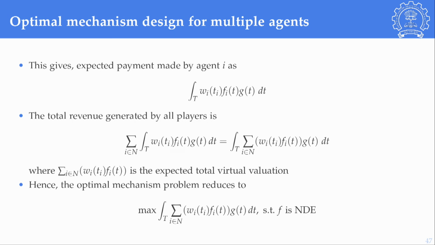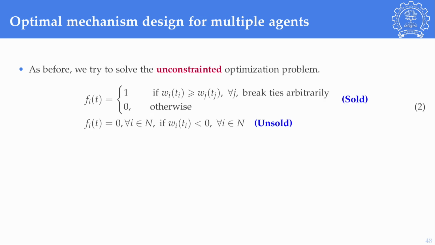So, the maximization problem is still the same, subject to the condition that F is non decreasing in expectation, that is our complete optimal revenue maximizing problem. Now, as we said, the unconstrained optimization problem looks like this: whenever I see a type profile, I look at everyone's virtual valuation, and whoever has the highest virtual valuation, I sell it to that agent.